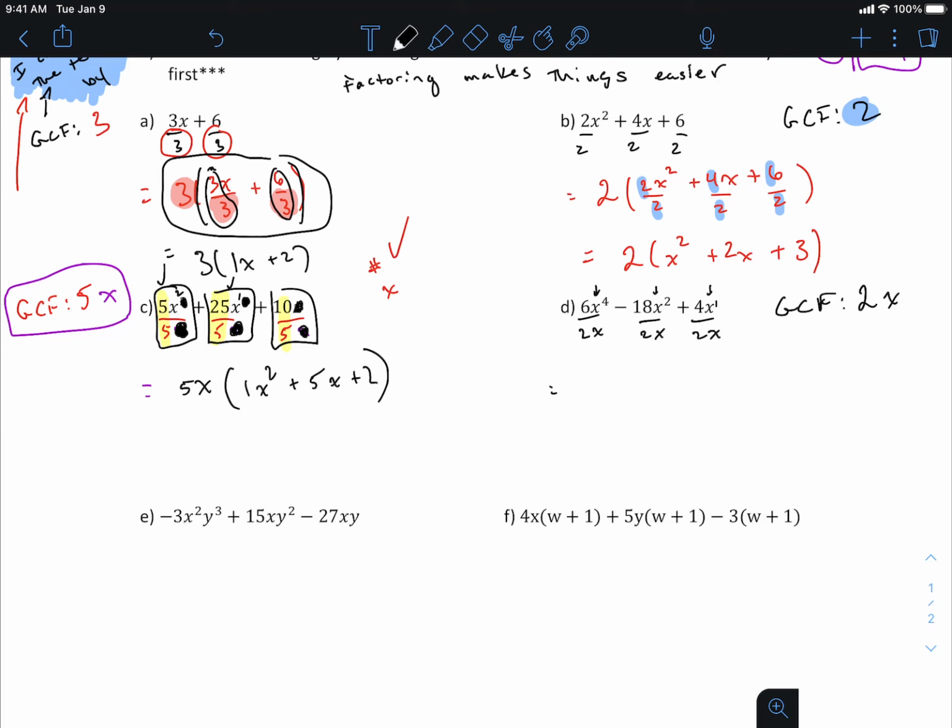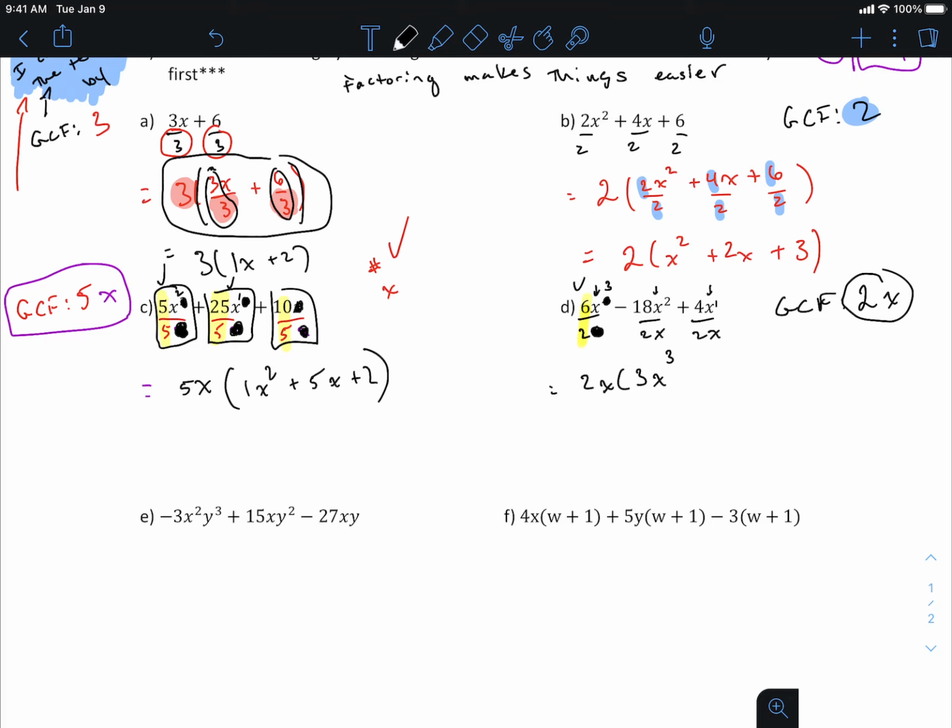After you do that, if I'm going to remove the 2x out to the front, you're going to tell me what's left after you've removed it. Well, let's deal with the numbers. 6 divided by 2 is 3. And then the x in the bottom cancels with one of them in the top, and you're left with x cubed.